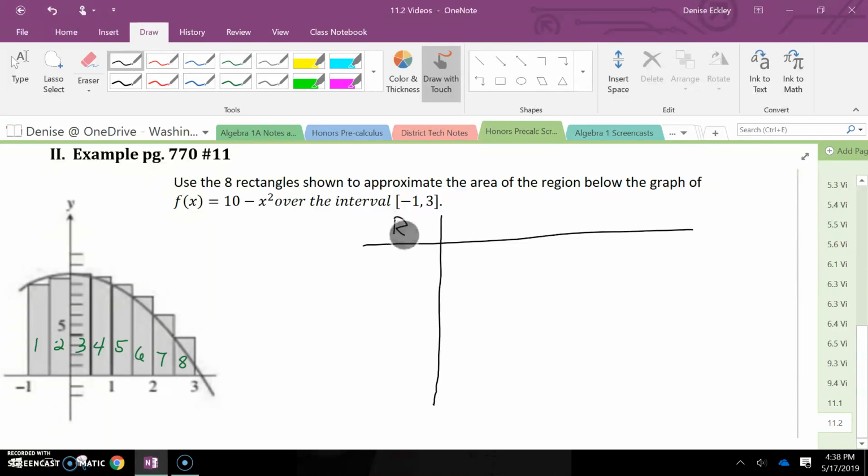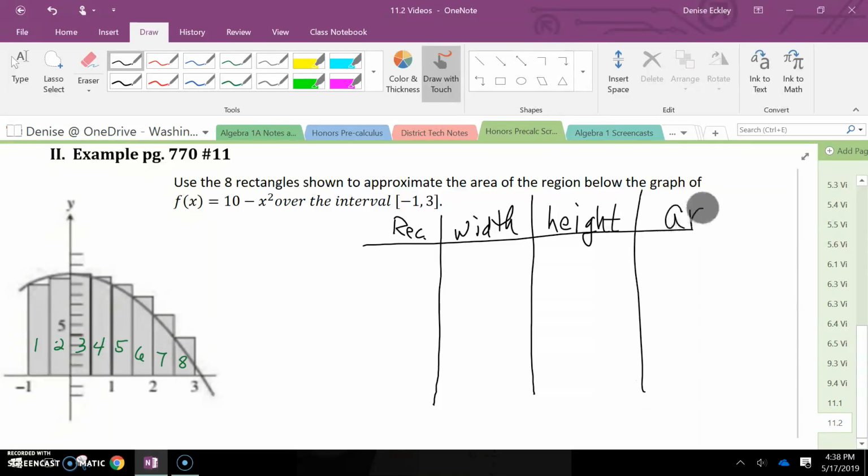So this is my rectangle. This is going to be the width of each rectangle. And this is going to be the height column. And then finally, the last one is the area column. Okay, so I can just number these now. So I have 1 through 8.